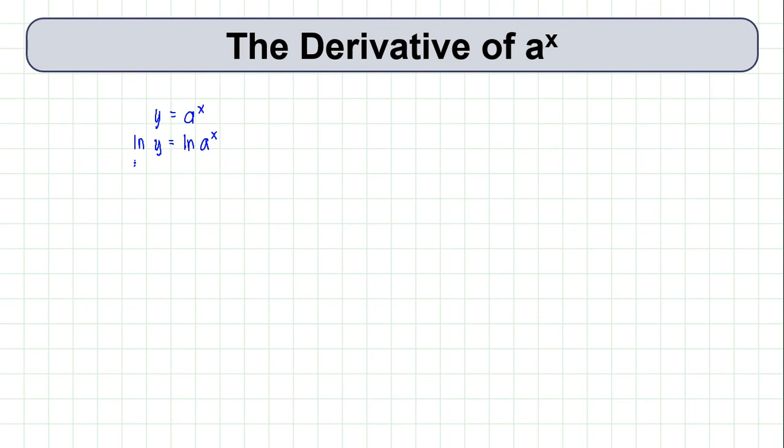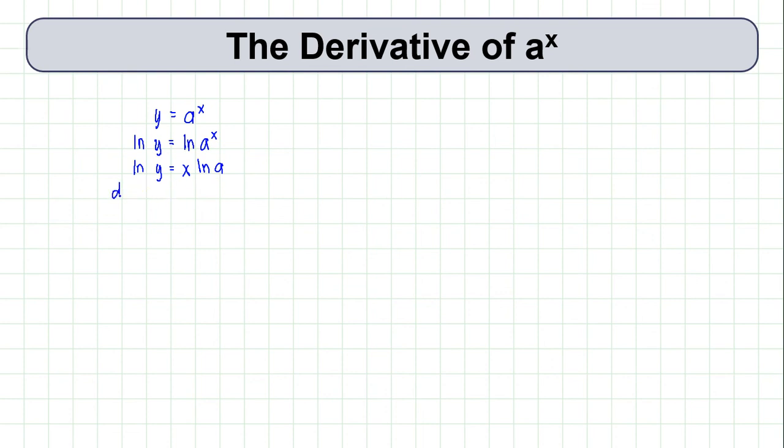Bababa ulit yung x. We now have ln of y is equal to x ln of a. So itong ln of a lumalabas na factor na lang siya kasi number lang siya, di ba? So parang meron lang tayong ln of y tapos meron tayong x. We can now get the derivative netong diretso na.